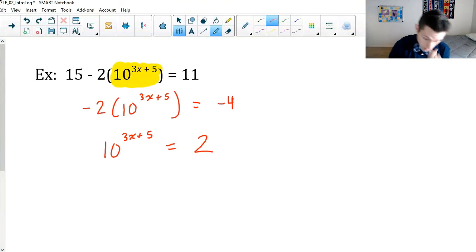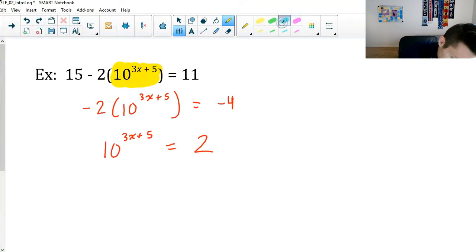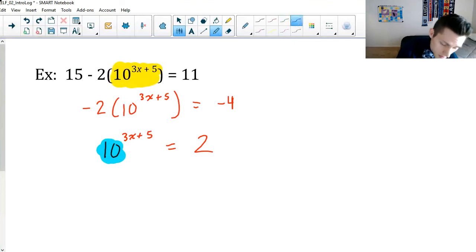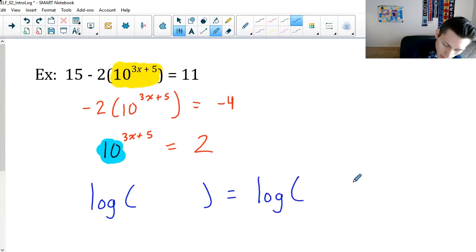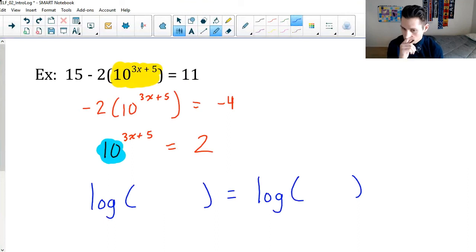I have an exponential that is base 10. So I have to ask myself, how do I get rid of an exponential where the base is 10? Again, it's not dividing by 10, it's not subtracting 10, it's an exponential with base 10, so I have to use a logarithm, and specifically a logarithm base 10. Okay, but remember, logarithm base 10 is what we call the common log, so we don't need to write the 10 there.